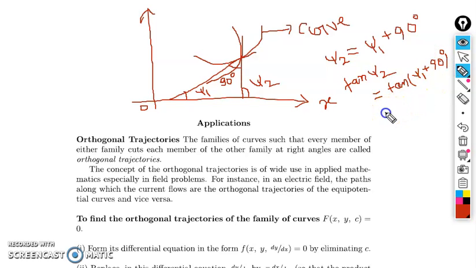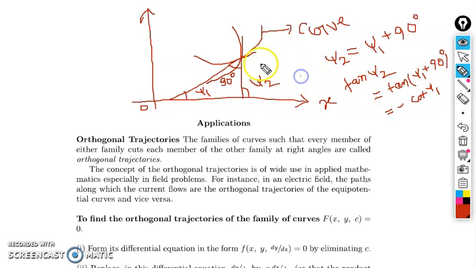So this should be minus cot phi 1, because tan of 90 plus theta is minus cot theta.